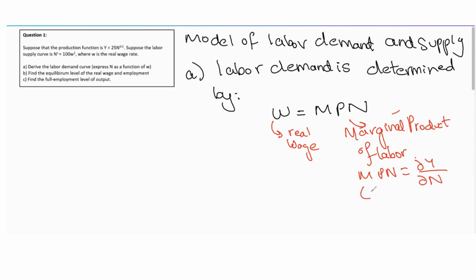So it's essentially the derivative of the production function with respect to n. This is how you find MPN. So we know that labor demand is where real wage is MPN. So now the idea is that we need to find what MPN is.